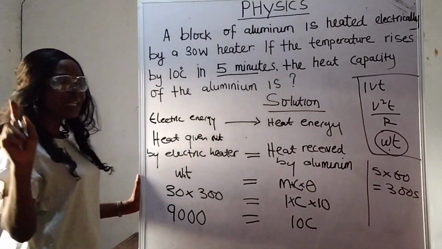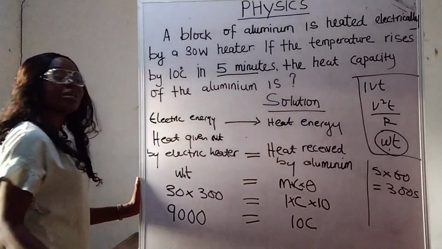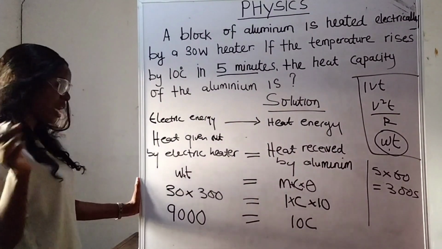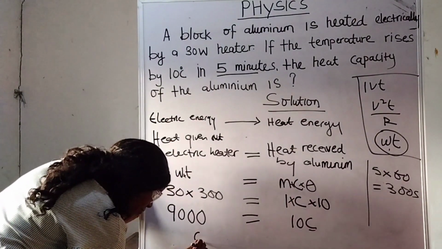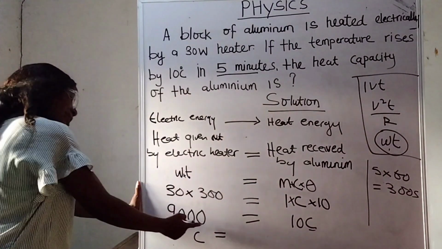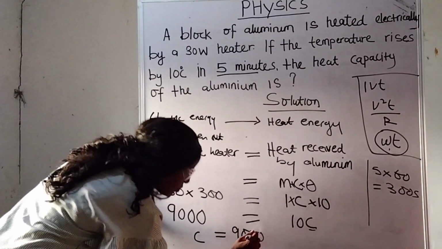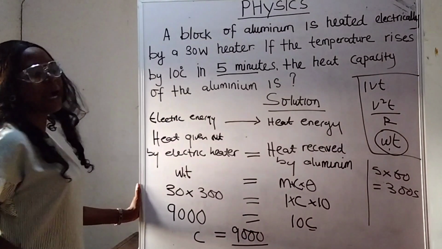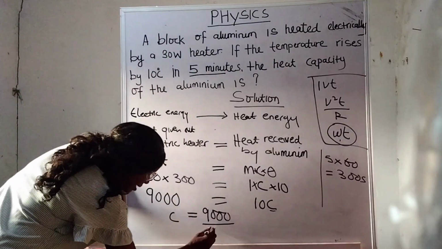Because we are solving to get the value of C, which is the heat capacity of this aluminium, we make it the subject of the formula. So I write C is equal to 9,000 divided by the number with C, which is 10.